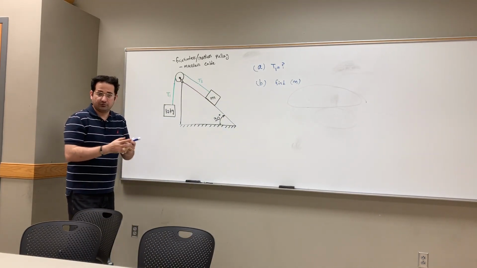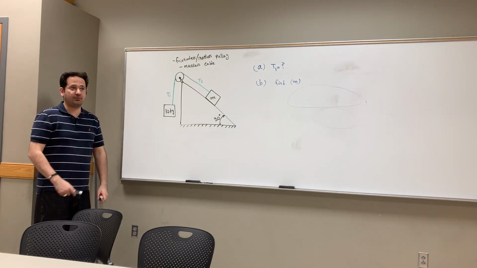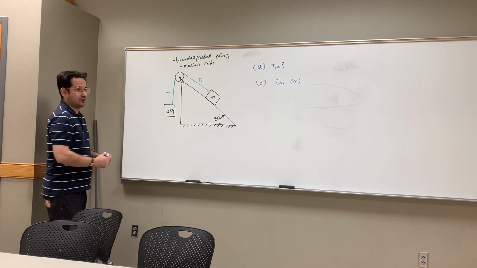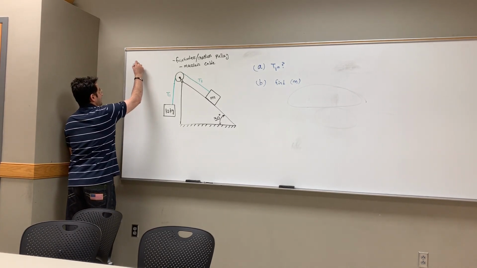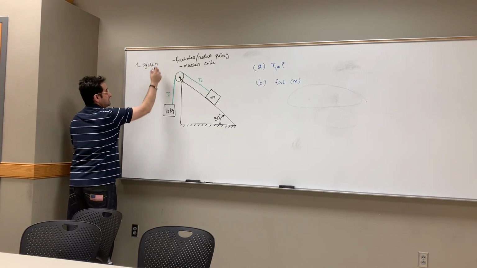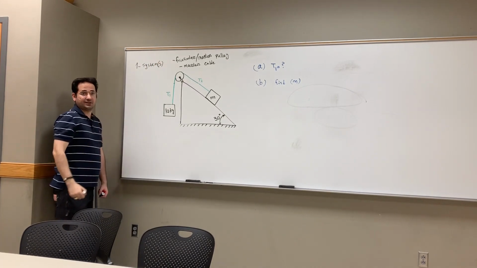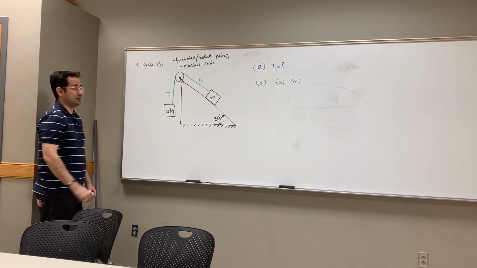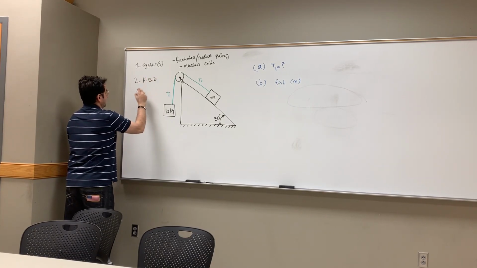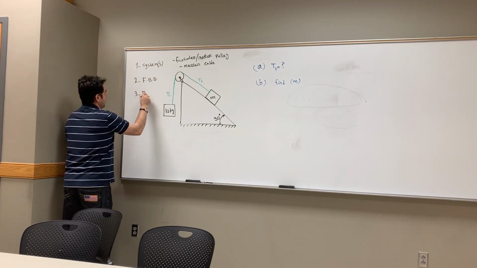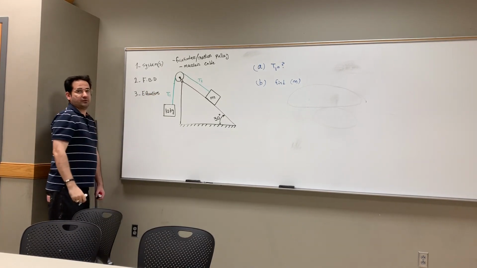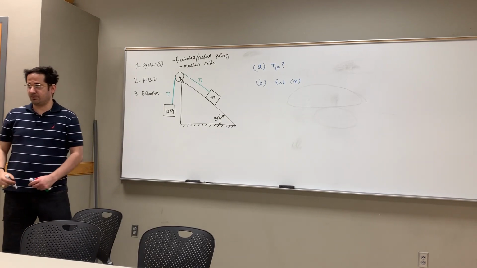So now what should I do? For every problem I solve, I have to do a 5-step procedure. Step 1, choose your system, or systems, parentheses with S. You may have more than one system. Step 2, free body diagram. Step 3, write your equations. In this course, there are equations of equilibrium.